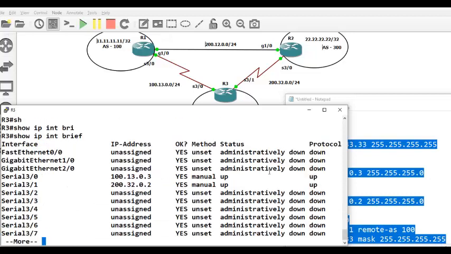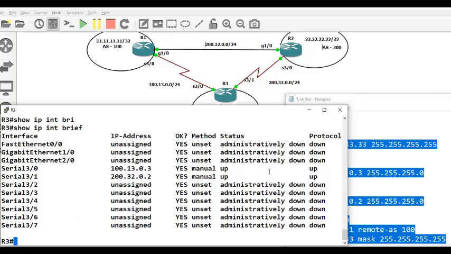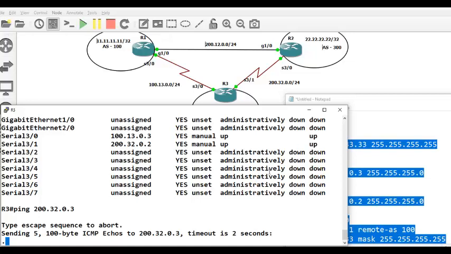The IP address on 3/1 is 200.32.0.2, sorry, 0.2. That's the mistake.